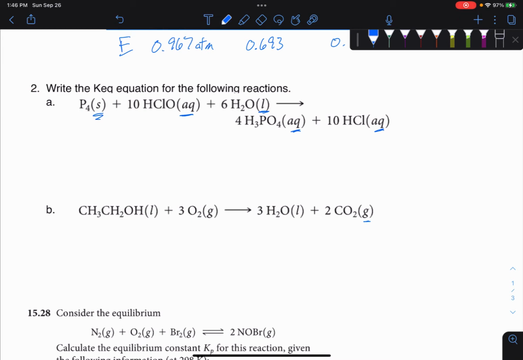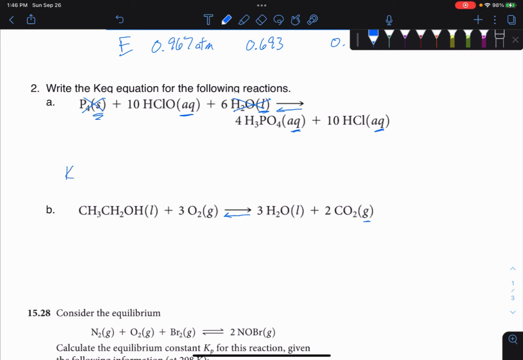Both of these are heterogeneous equilibria. Oh, and technically I should have had double-headed arrows here, sorry. But the liquid and the solid are going to be omitted from the expression. So it just simplifies the expression quite a bit.